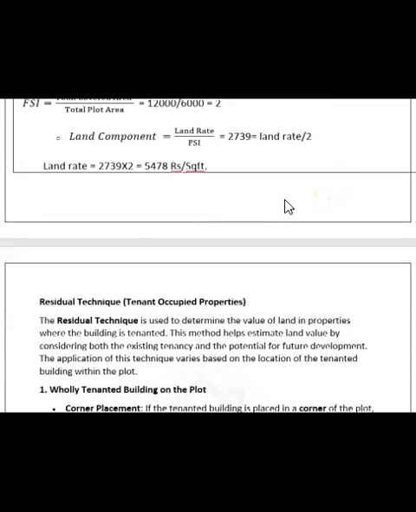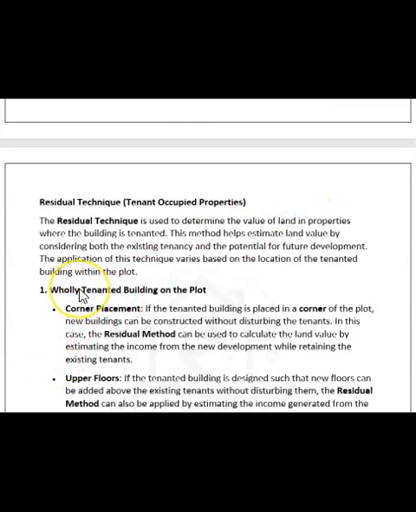Okay, now we will start the residual technique for tenant occupied property. The residual technique is used to determine the value of land in properties where the building is tenanted. The building is tenanted, then this technique we will use.